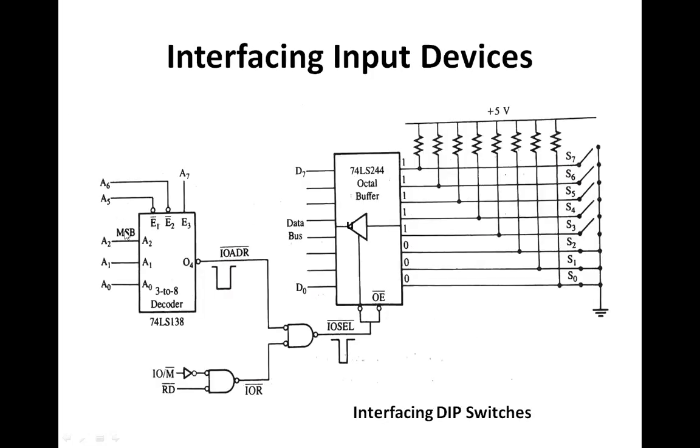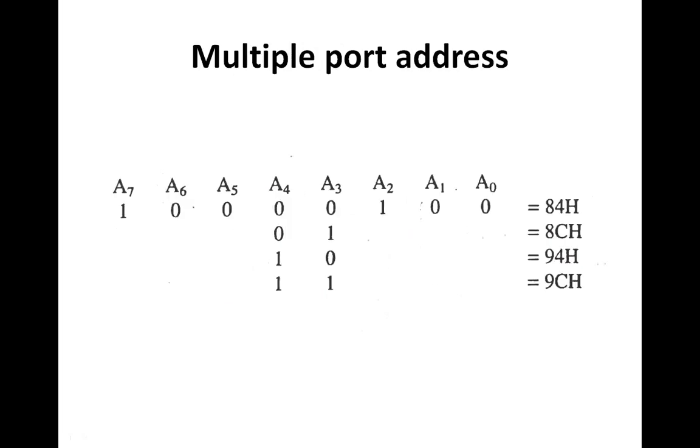Otherwise, if we connected A3 and A4 with the AND gate or NAND gate through A5, A6 and connected with E1, E2, then the address would be fixed. But since it is in the don't care condition, we can have multiple port addresses of the same device, the same interfacing circuit.